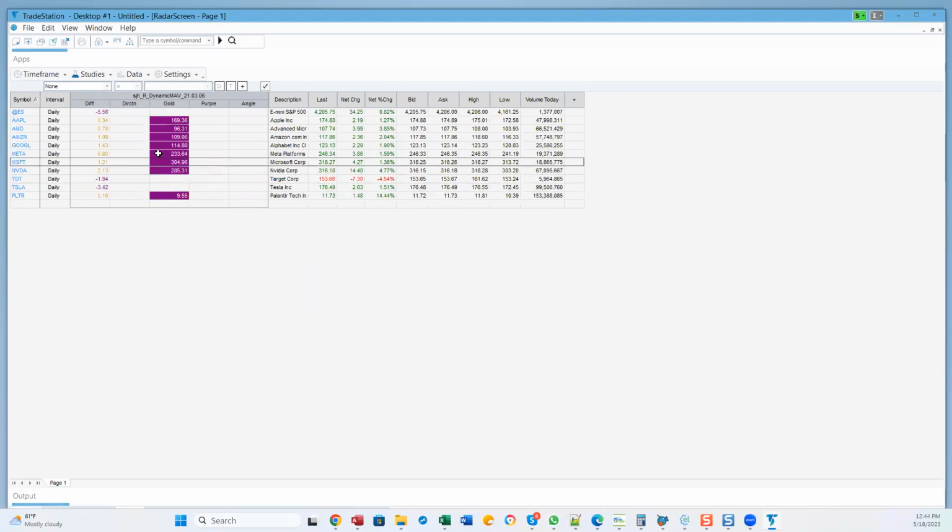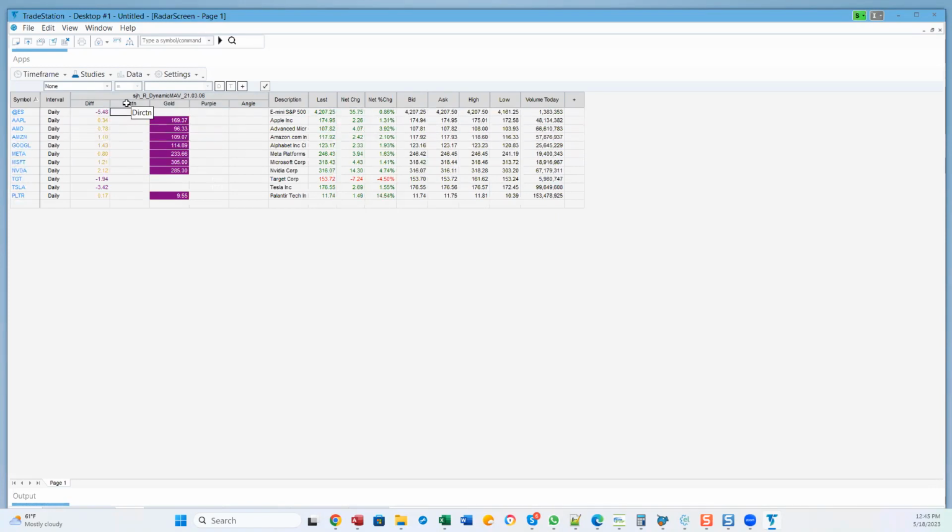So you can real quickly tell once this thing fills out, it's not filled yet. But once the whole thing fills out, you can tell whether purple's on top or gold's on top. And you can set alerts so it will tell you when the price crosses over the different bands, inner band, outer band, upper, lower, all that kind of stuff. This is not loading quite yet.